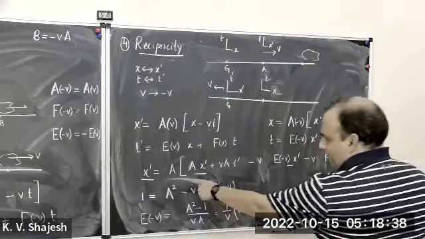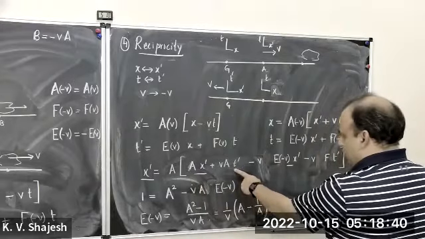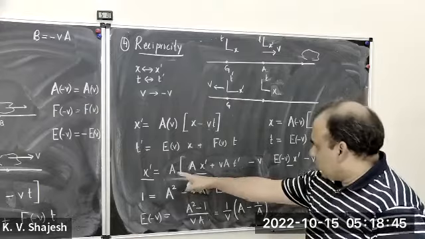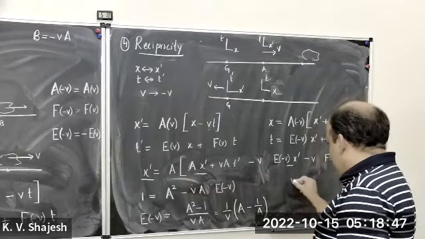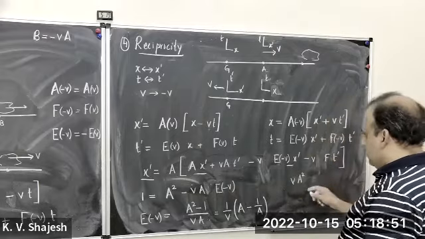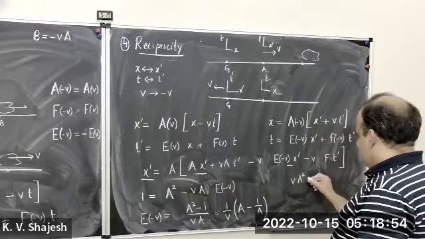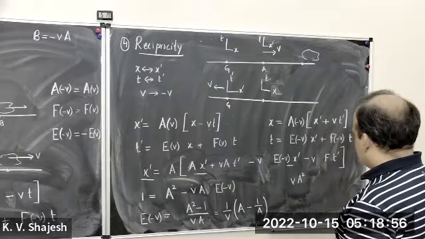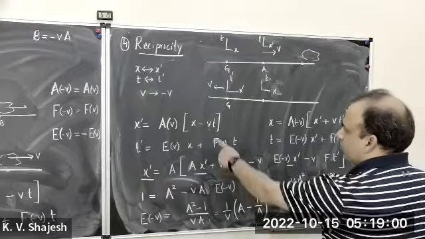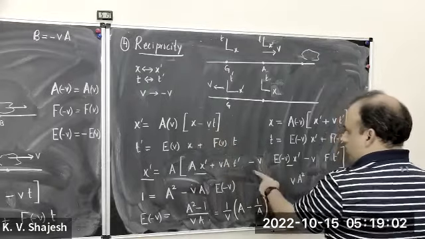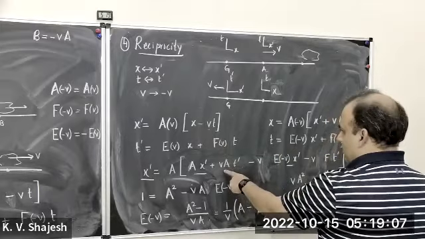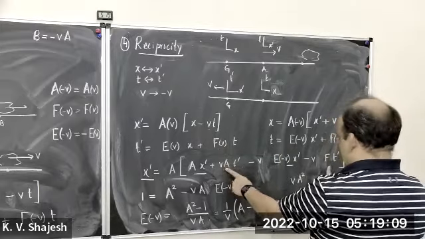And we have one more relation here. T prime should also match. T prime has only two terms, A V A square. Sorry, I just have to match this, right?